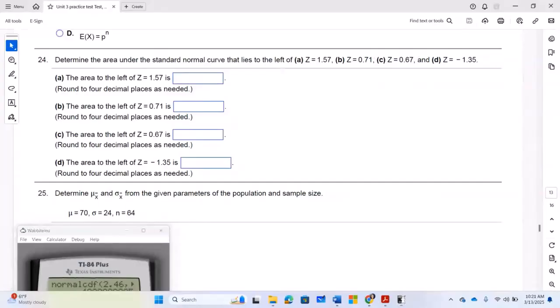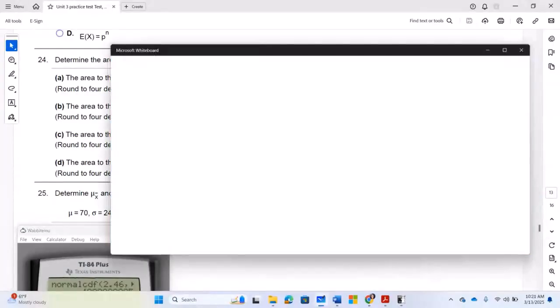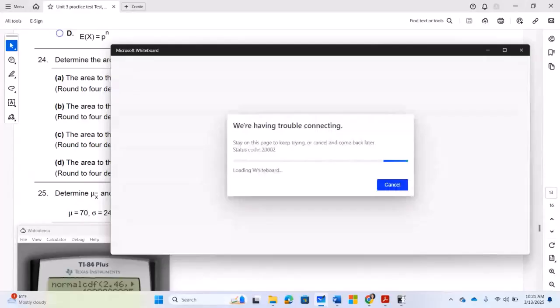So I'm going to pull up my whiteboard. All right, my whiteboard is taking time to open.